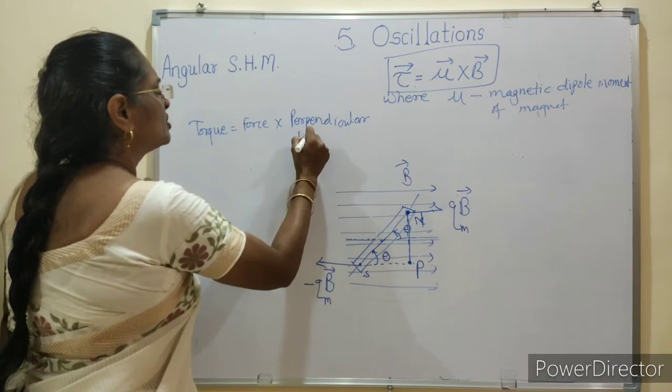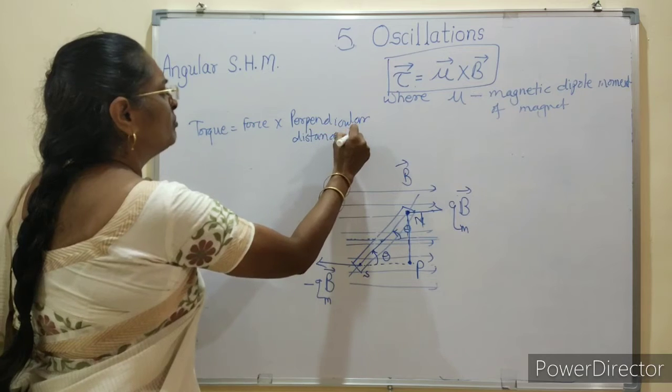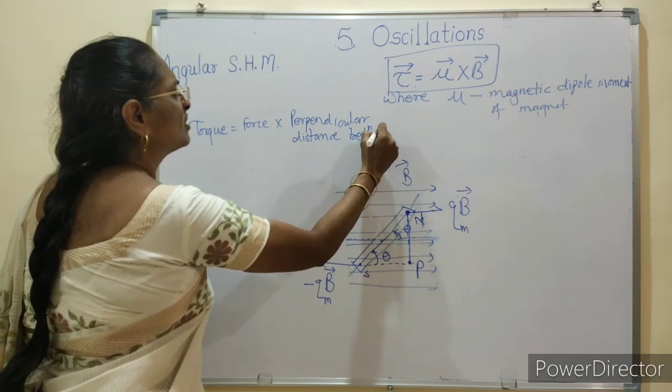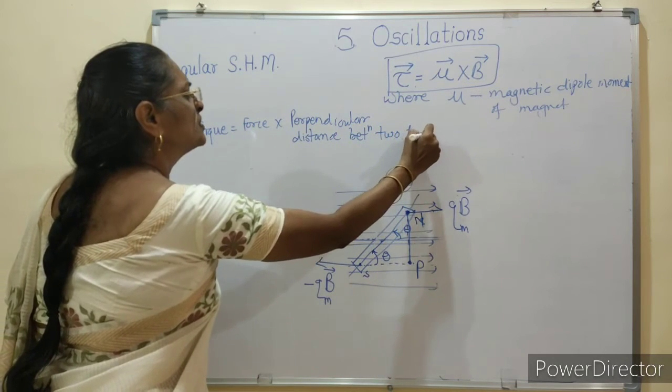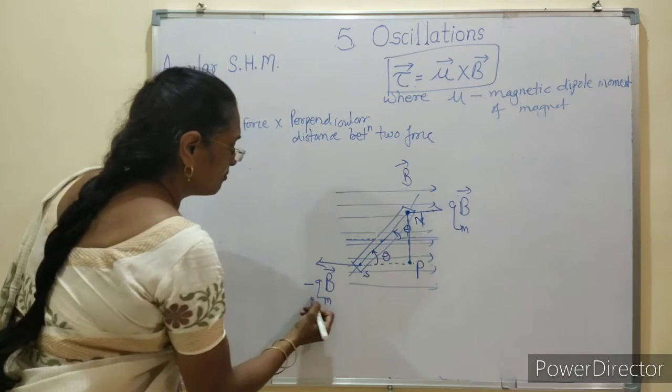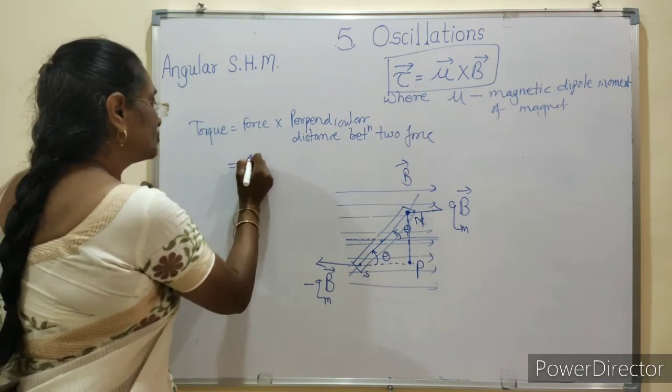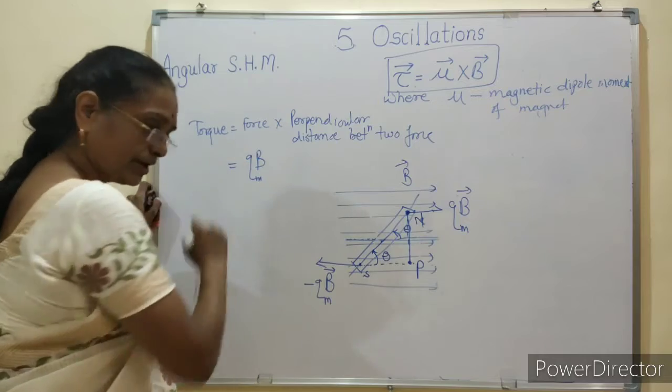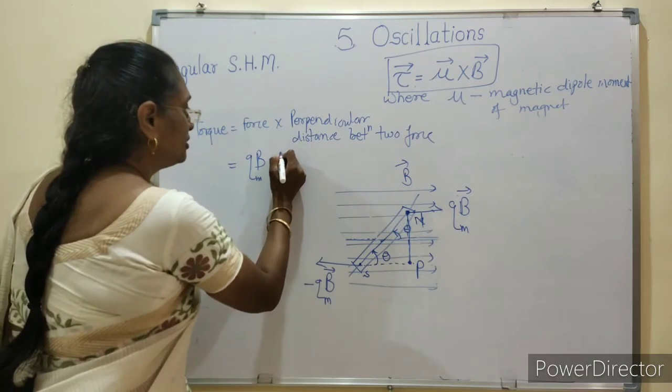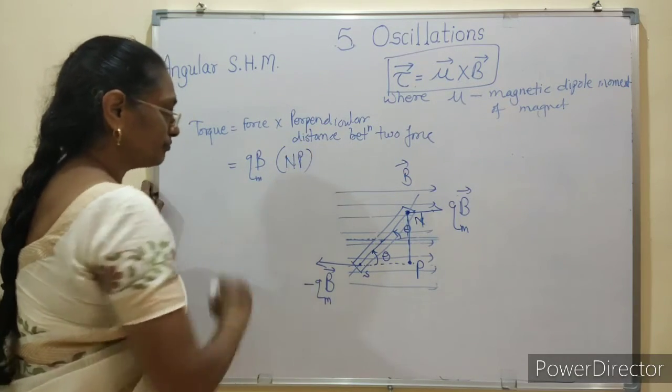We can write torque tau is equal to force multiplied by perpendicular distance between two forces. Between two forces means QmB and minus QmB. So one force is QmB by magnitude and perpendicular distance is NP.